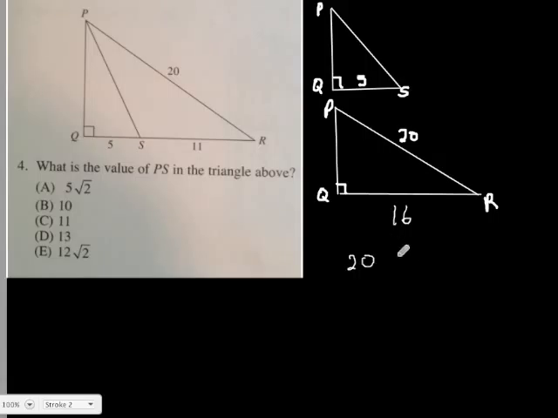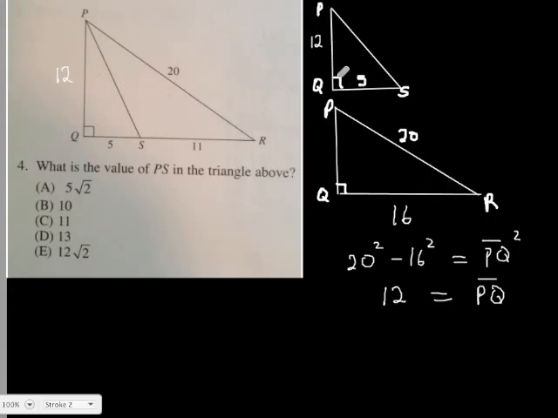So 20 squared minus 16 squared will give you PQ squared. Using our calculator, we conclude that PQ, the length of PQ, is 12. So this is 12 right here.